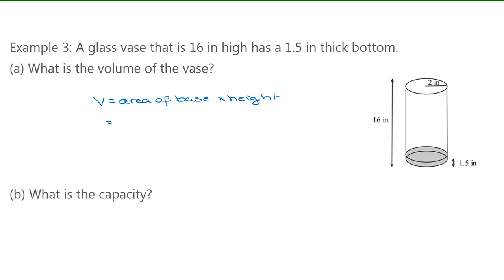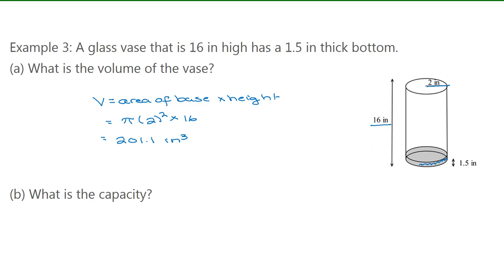Now the bottom is a circle, so if I do pi r squared here, I'll do pi times 2 squared, and then the height is 16. Multiplying all that together, I get 201.1 cubic inches.